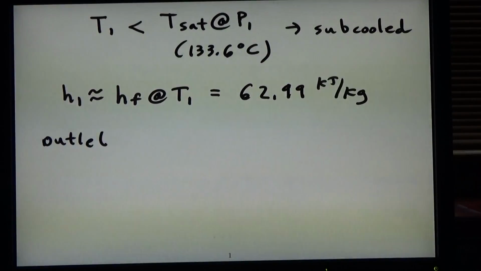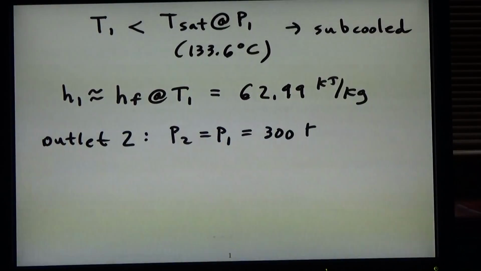Now we can go to state 2 at the outlet number 2. At outlet number 2, we know that pressure was equal to the inlet pressure, 300, and our temperature has risen to 25 degrees Celsius.